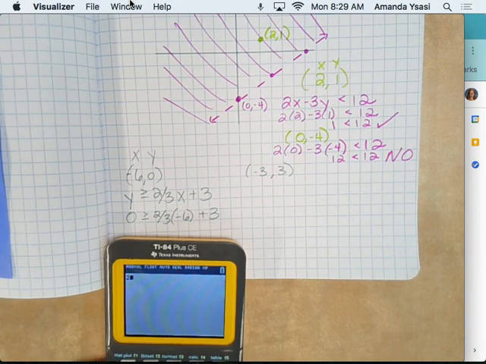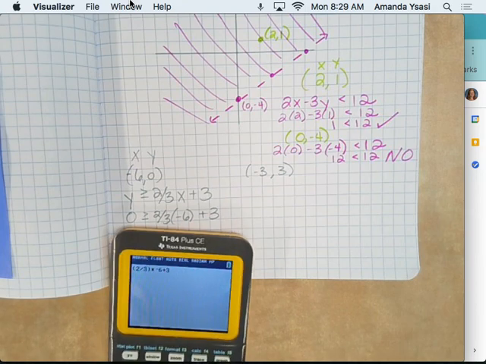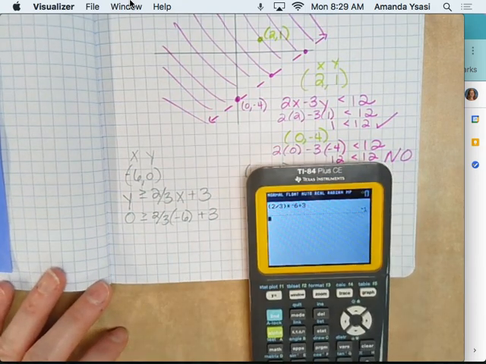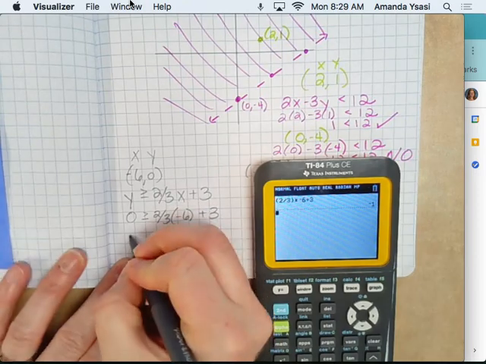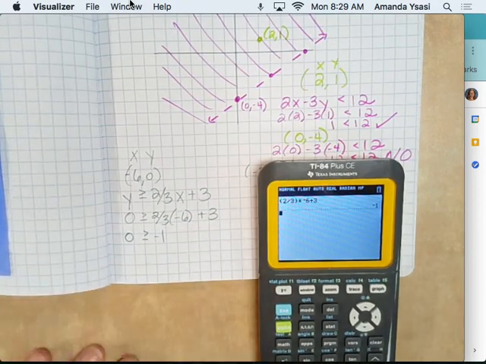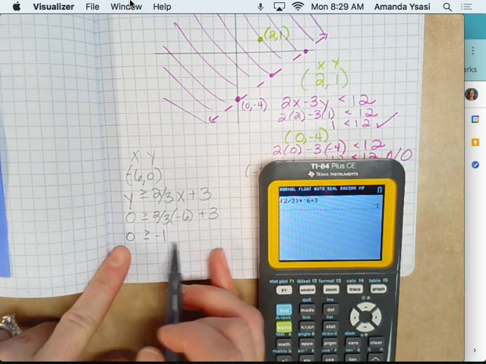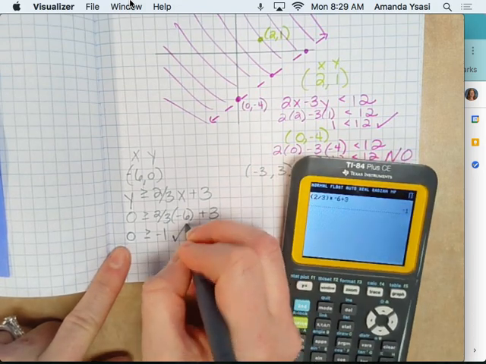So 2 over 3 times the negative 6 plus 3 is negative 1. So 0 is greater than or equal to negative 1. And 0 is larger than negative 1, so that is true.